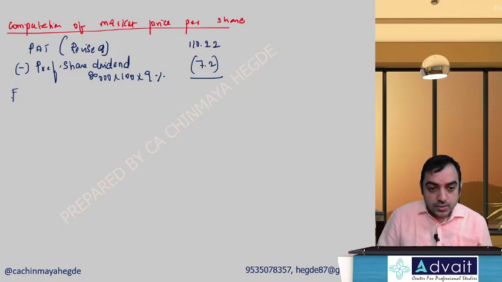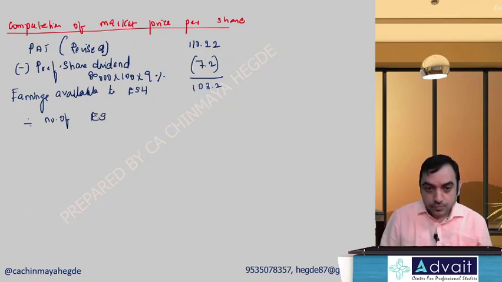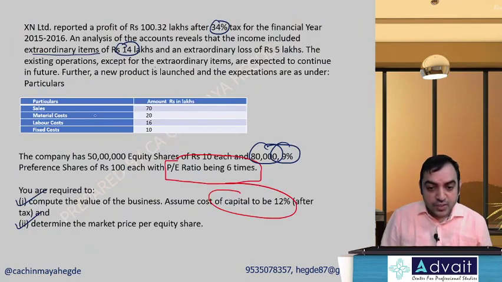So earnings available to equity shareholders: 103.02 divided by number of equity shares. Number of equity shares we have is 50 lakhs.